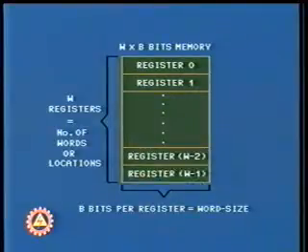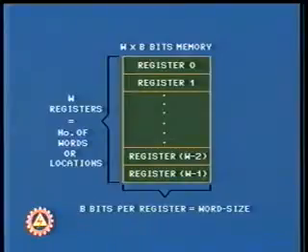So with n-bit address, the contents of any of the 2 to the power n memory locations can be accessed randomly without the need to sequentially traverse the preceding locations to get to the specified location. For this reason, this type of memory is called random access memory, abbreviated as RAM.